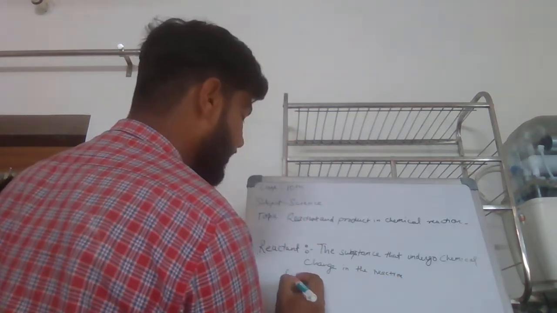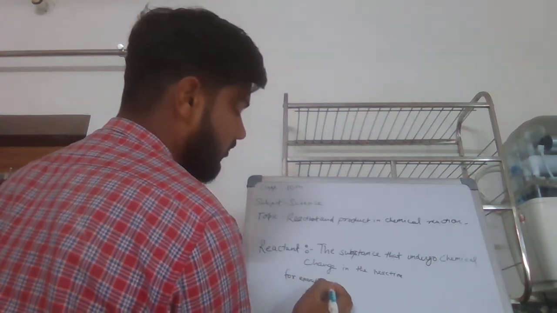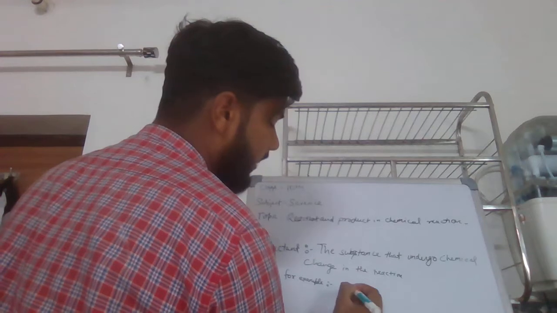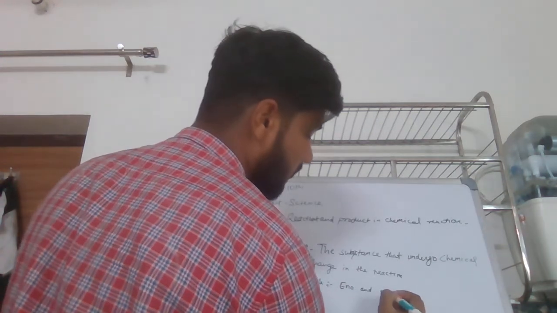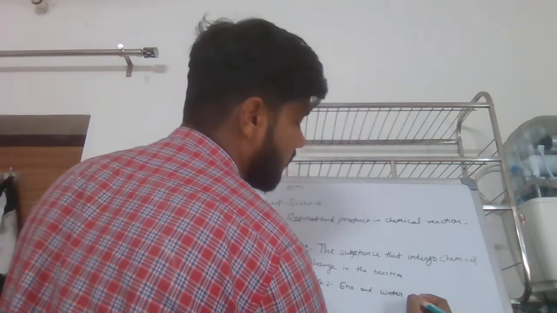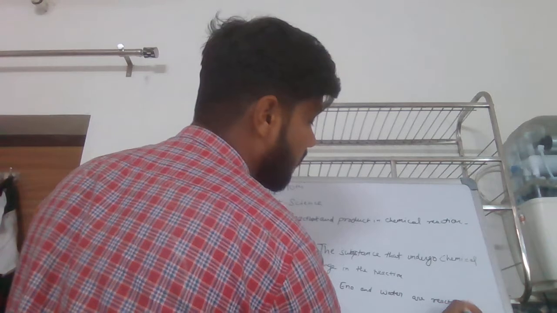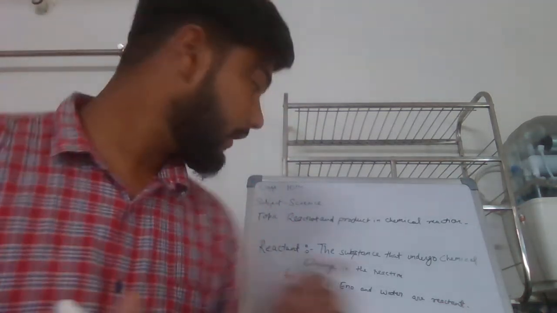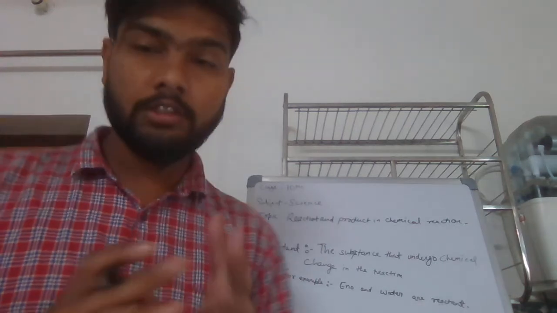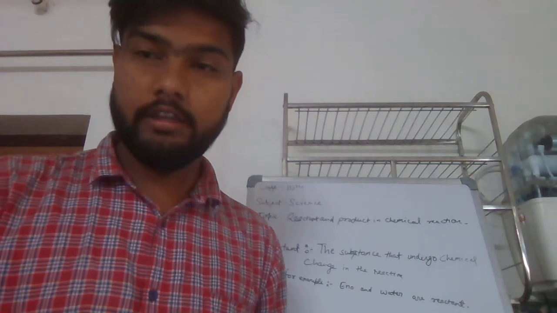For example, Eno and water are reactants. We have seen that Eno and water are reactants because when I put this Eno inside the water, they form one type of gas, CO2.